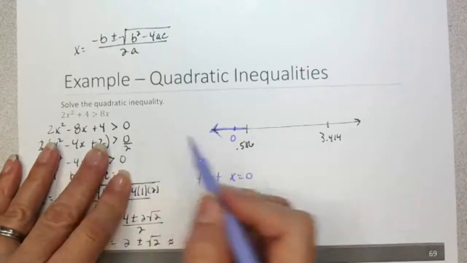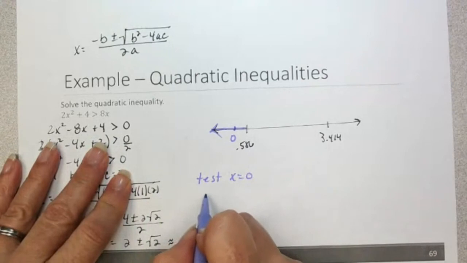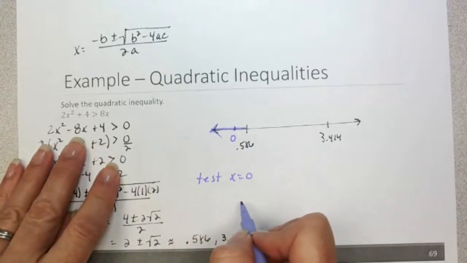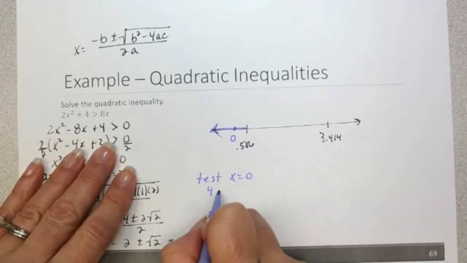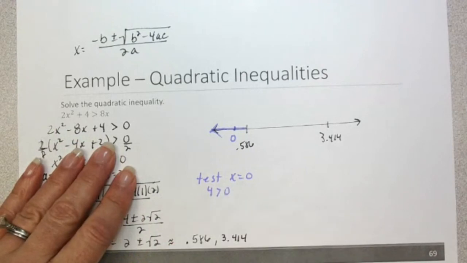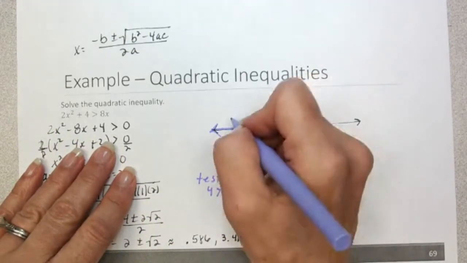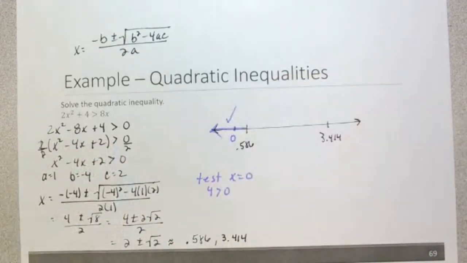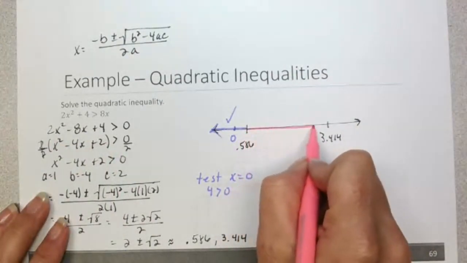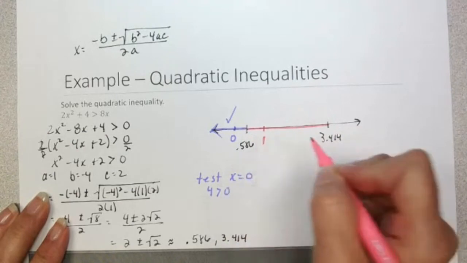If x is 0, 2 times 0 squared minus 8 times 0, that's 0 minus 0 plus 4. 4 is definitely greater than 0. So that looks like this is an interval that I want to keep. Okay, let's test that middle interval there. The value of 1 is in there.